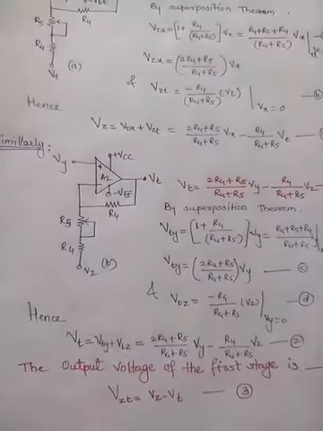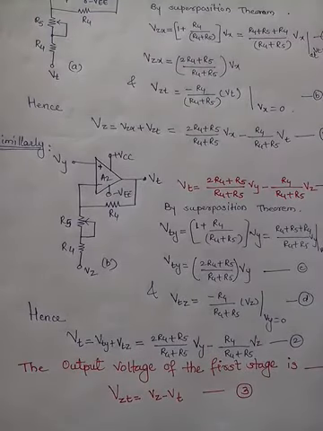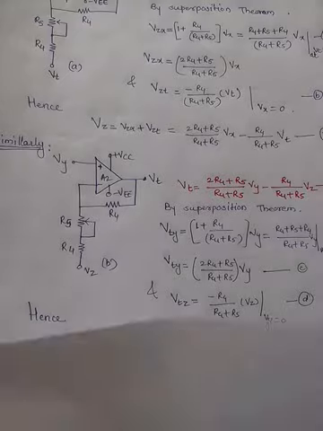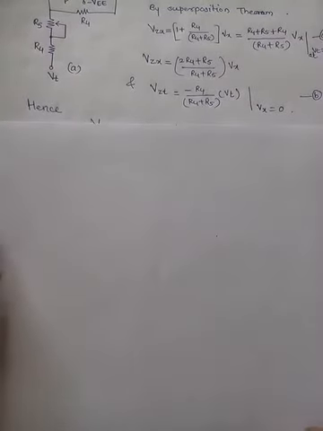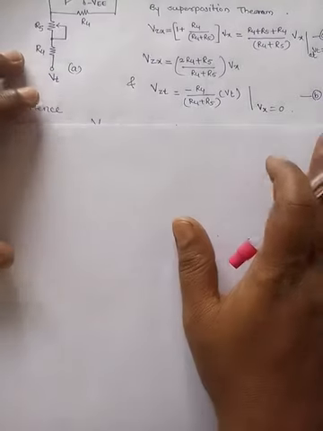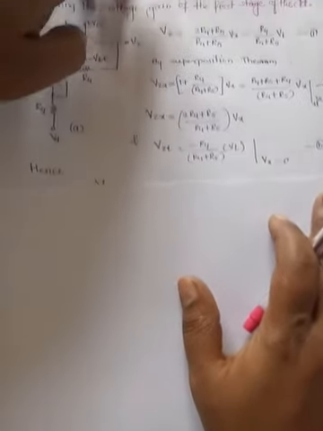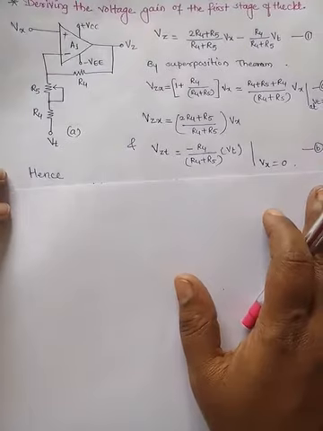With the first op amp A1, using the equivalent circuit, we find the voltage gain. For deriving the voltage gain of the first stage, take a look at the circuit diagram.